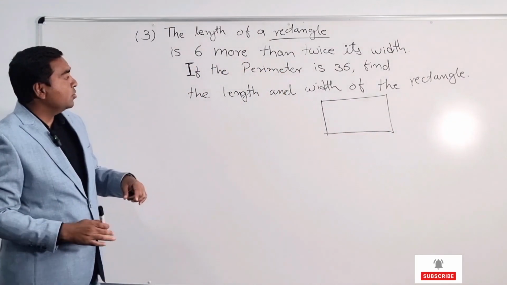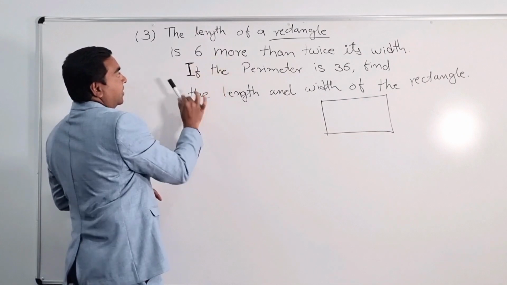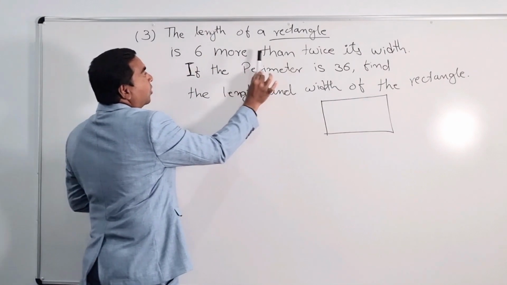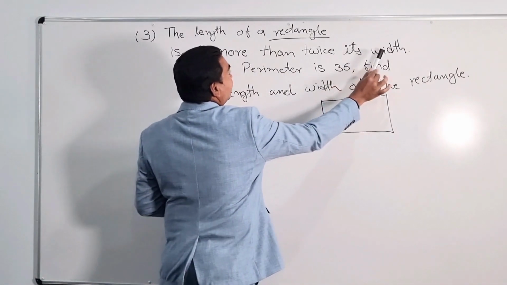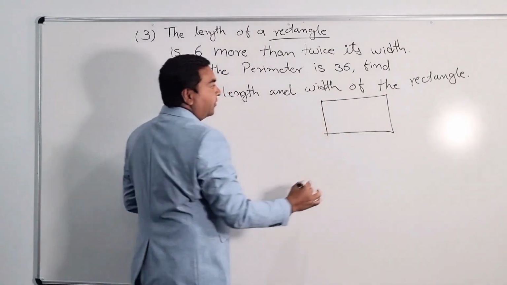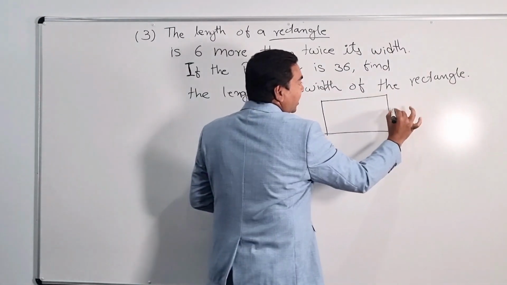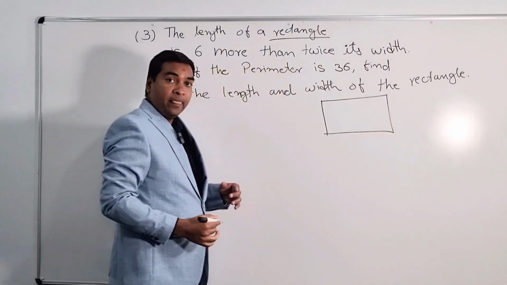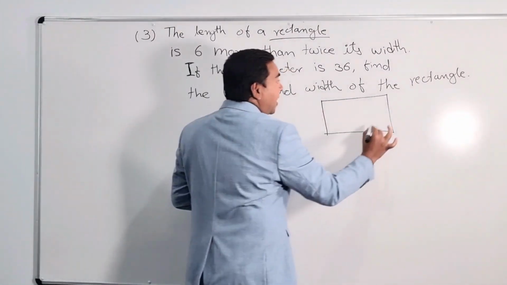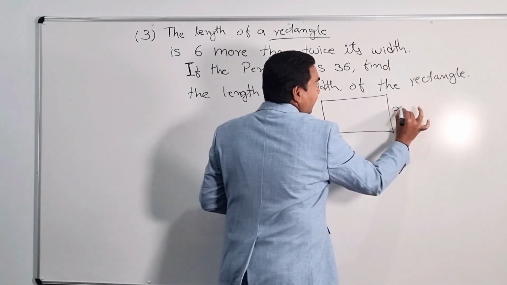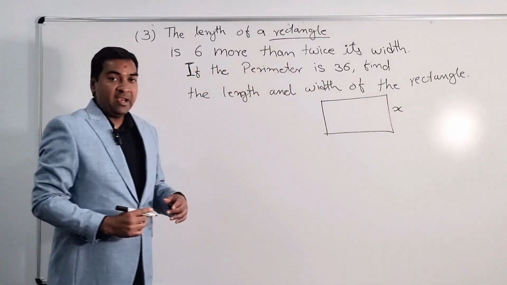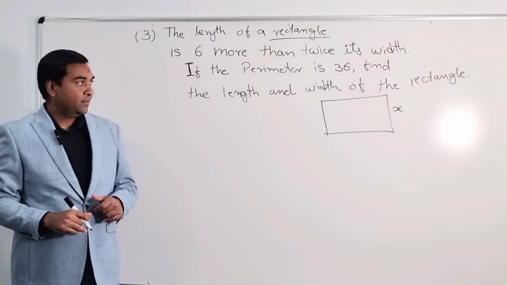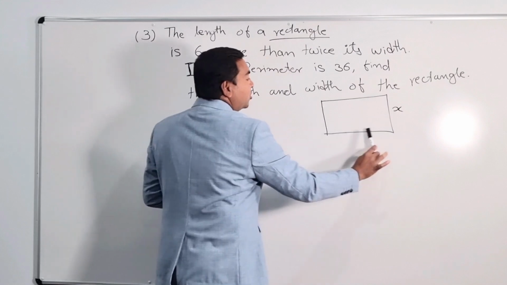Now they're talking about length is 6 more than twice its width. So let us say my width of the rectangle, I don't know, length, I don't know. So I'm going to take, let's say, if my width is x. If my width is x, then what is going to be my length?